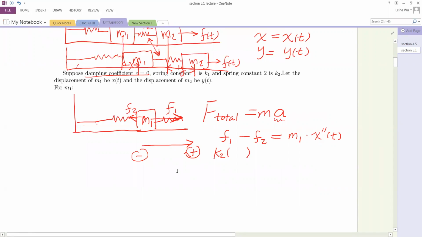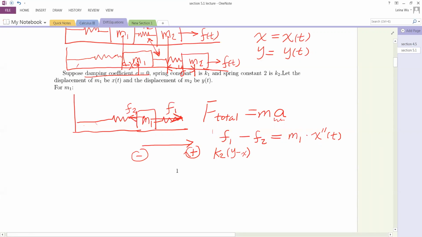Y is how much M2 has moved to the right, but at the same time, M1 has moved to the right for X. So it moved to the right from M2, which is Y, but due to the movement of M1, we should subtract this X, the movement from M1.